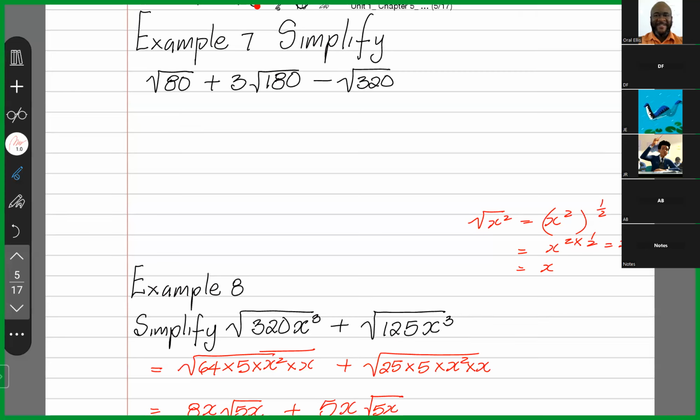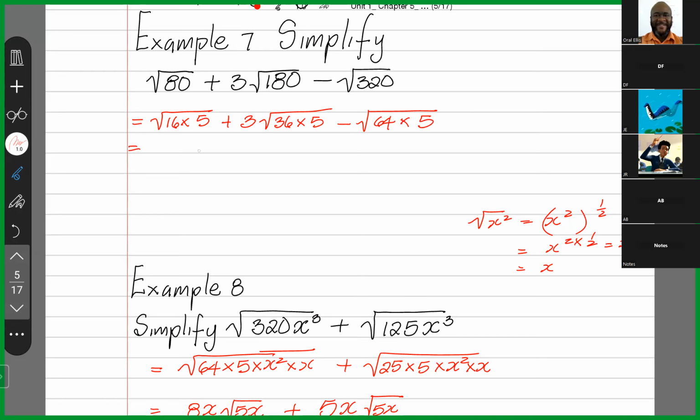All right, so for example 7, the square root of 80 is the same as saying the root of 16 times 5, plus 3 times the root of 180, which is 36 times 5, minus the root of 320, which is the root of 64 times 5.